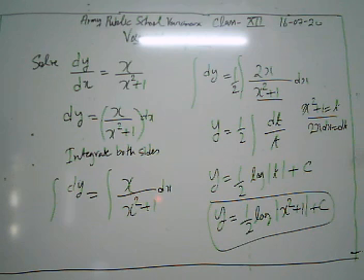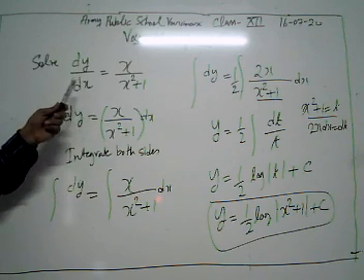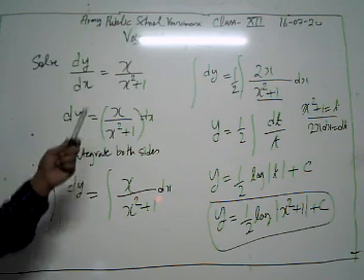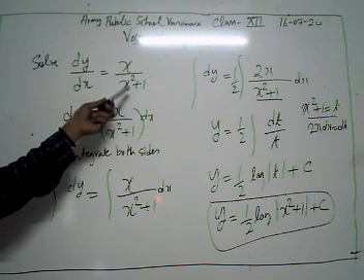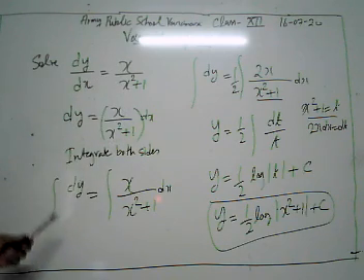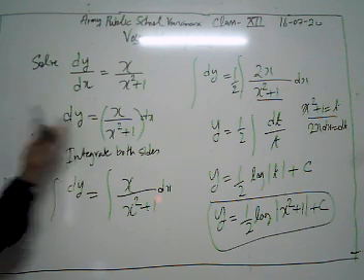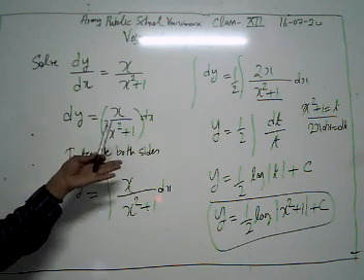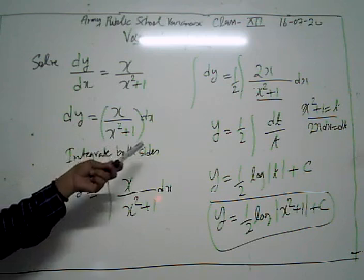I am going to revise it again. We have the differential equation dy/dx equal to x upon x square plus 1. First of all, we separate our variables: take y on the left hand side and x on the right hand side. Then dy equal to x upon x square plus 1 dx.